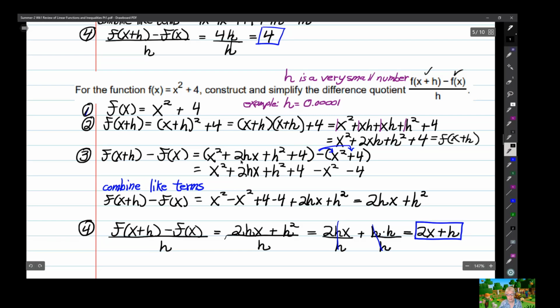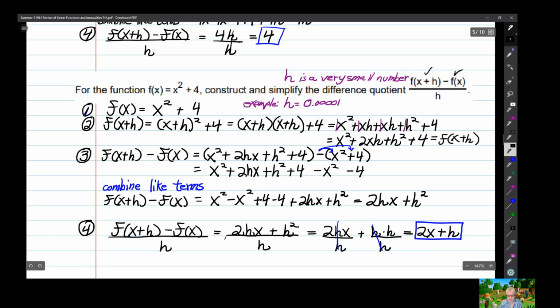But it's not a big deal. f of x plus h minus f of x. This is f of x plus h, we just found it. x squared plus 2hx plus h squared plus 4. And let me point out that 2 times x times h is the same thing as 2 times h times x. It's just a matter of how you want to write it.